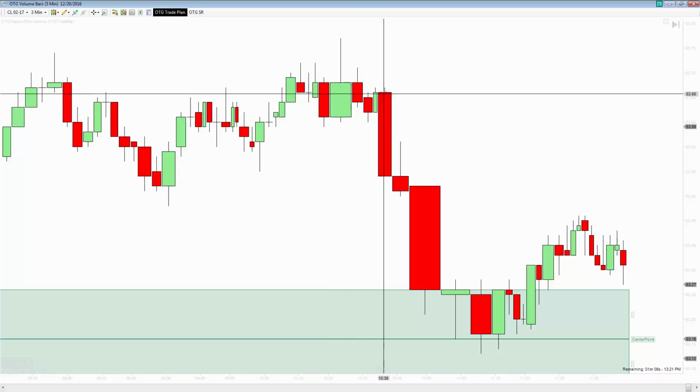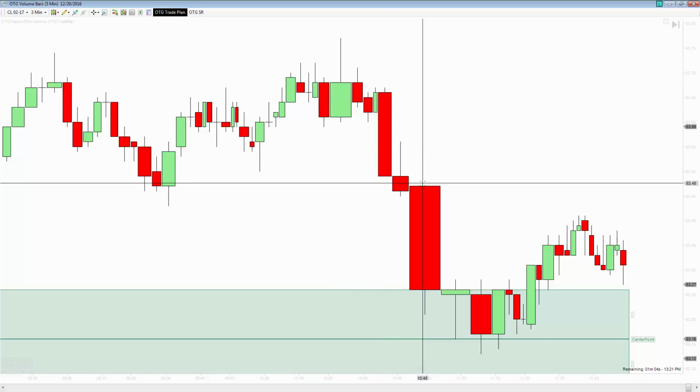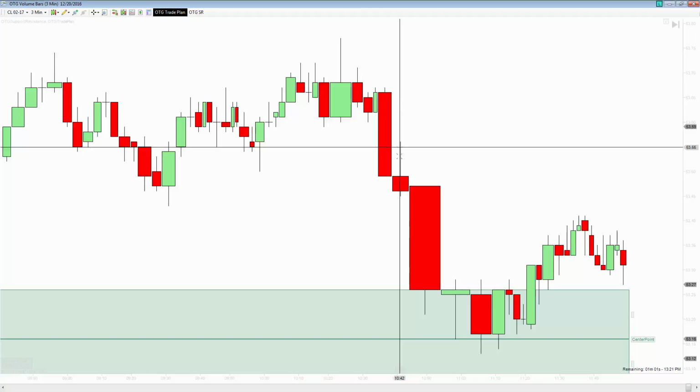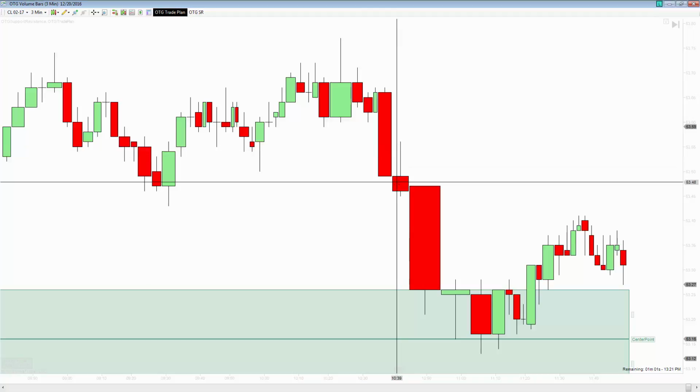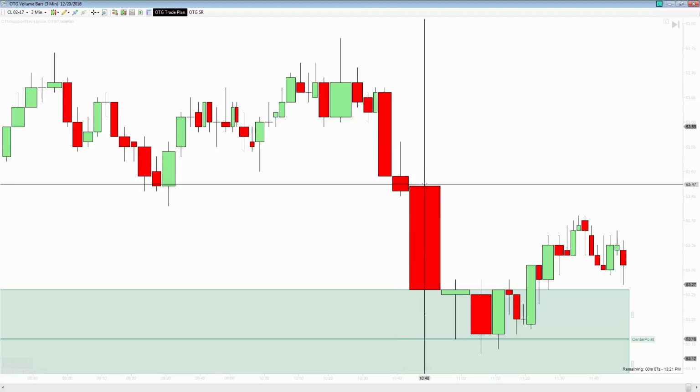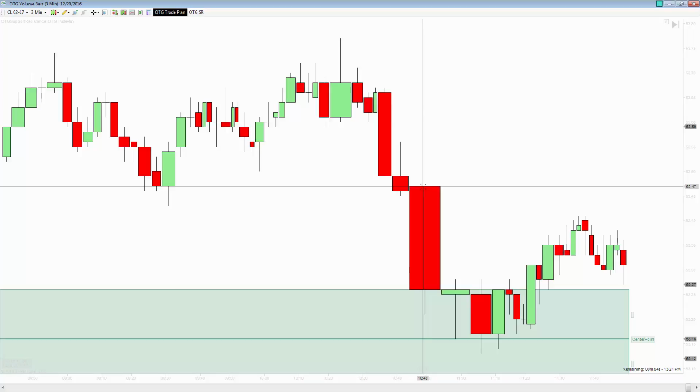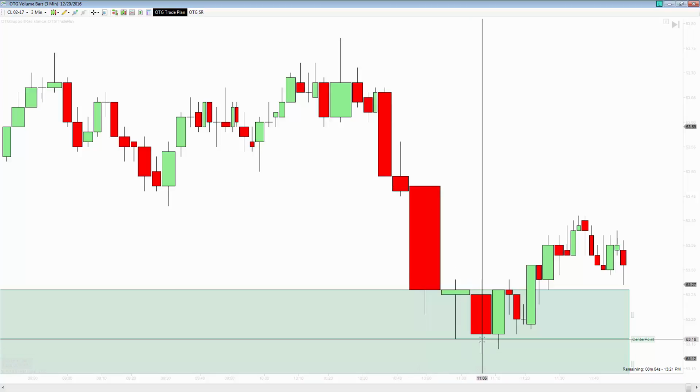About 10 minutes later, the sellers had one aggressive bar followed by another, indicating continued weakness. Then you had this big, heavy bar all the way down into your 53.16 area.